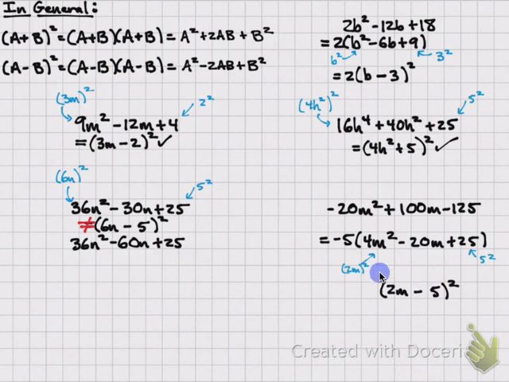I'm going to leave it to you to double check, but I'm going to do it in my head. Let's see, 2m squared, 4m squared, negative 5 times 2 is negative 10m, twice that. Boom! Awesome. That this, when we multiply it out, will indeed give this trinomial. Let's not forget about our common factor, so we're going to toss a negative 5 out in front. And right here, this is the final factorization of this polynomial right here.